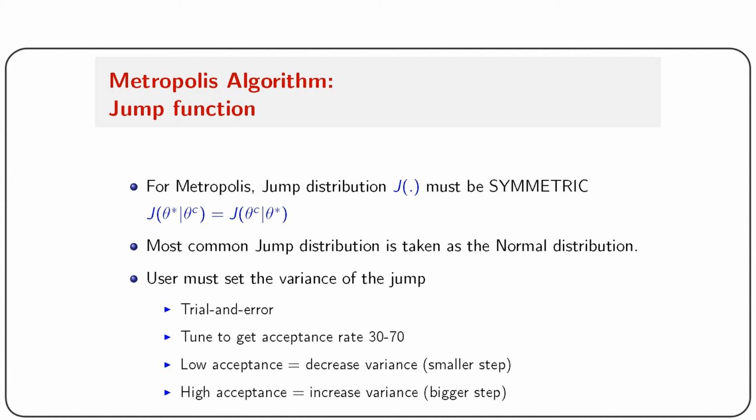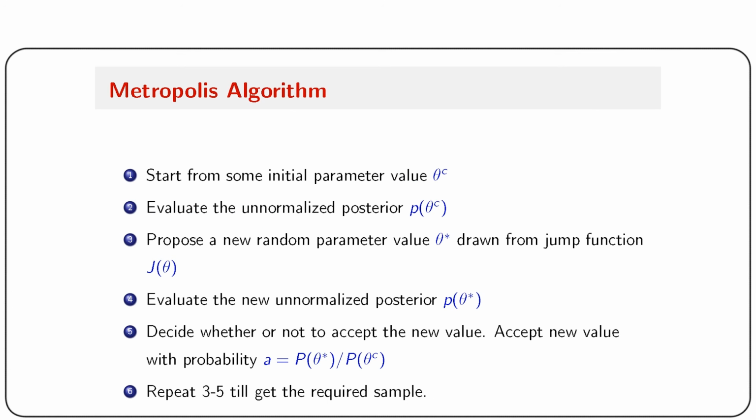We can implement the Metropolis algorithm in R. The algorithm is: start from some initial parameter theta c and evaluate the unnormalized posterior probability of theta c, and propose a new random parameter theta star drawn from the jump function J. Evaluate the new unnormalized posterior p of theta star.